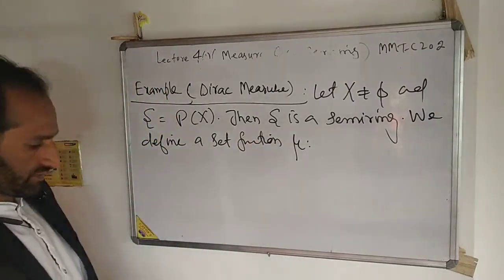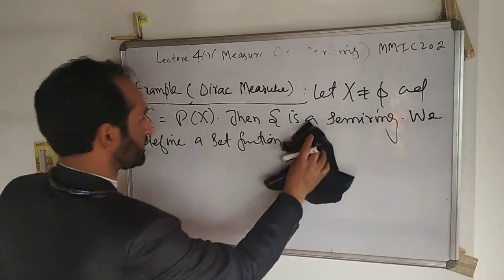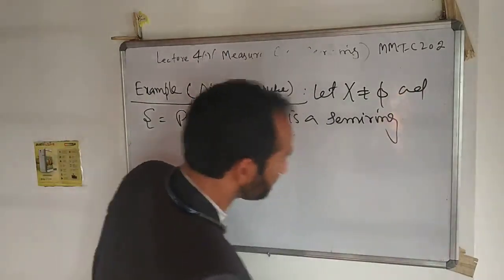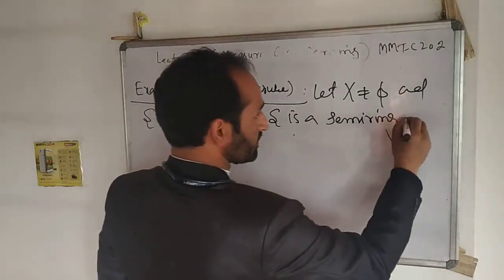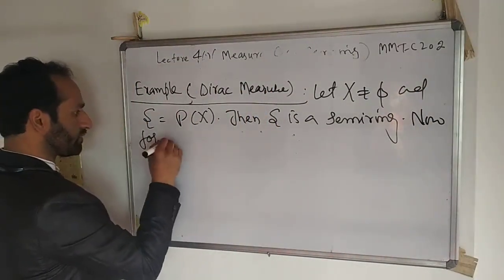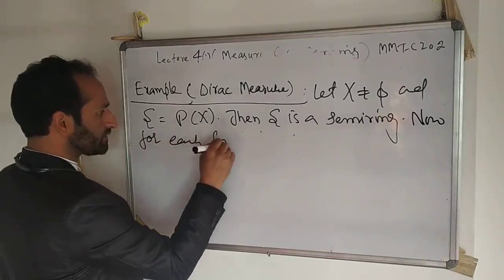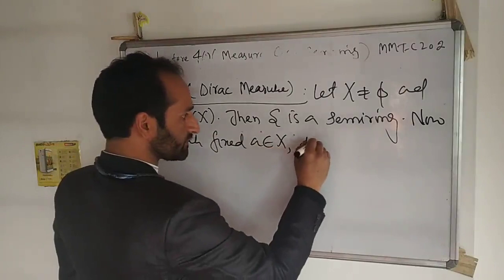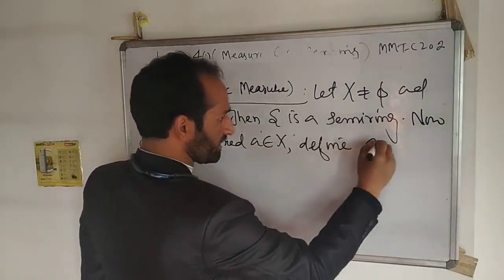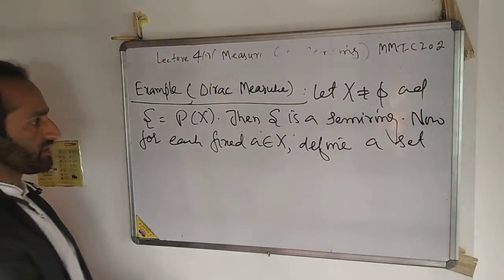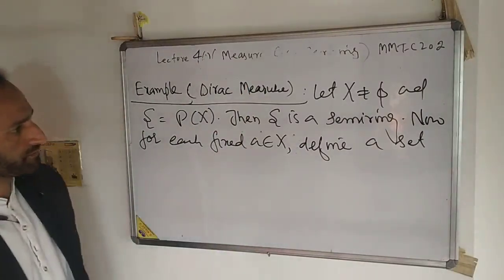It's a Dirac measure. It depends upon a point. Now, for each fixed a belonging to X, define a set function. That's why it's called a Dirac measure, because it depends upon some particular point.